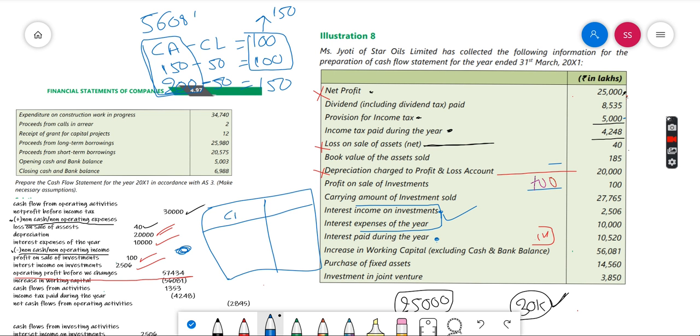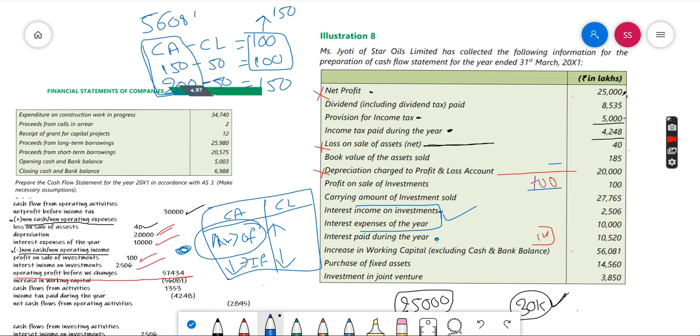current assets, current liabilities, if it increases or decreases. If current assets decrease, it is an inflow, so an increase is an outflow, right? So current assets here, if it is increasing, is an outflow, which means this 56,081 rupees is an outflow, so we'll deduct that.